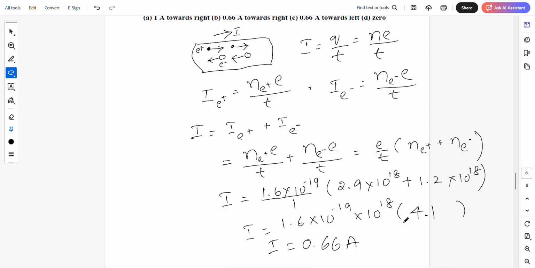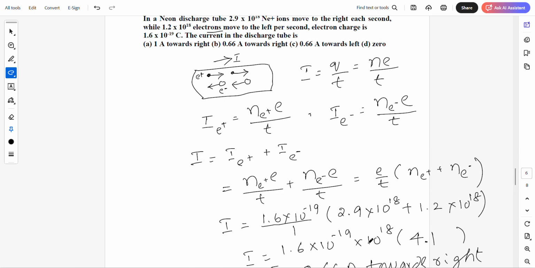Now how does the current flow? Current always flows towards the right. This is the right answer, 0.66 ampere towards right. This is the neon discharge tube.